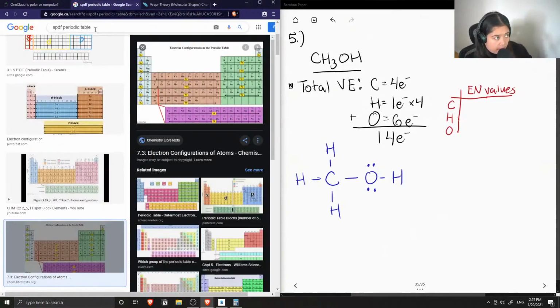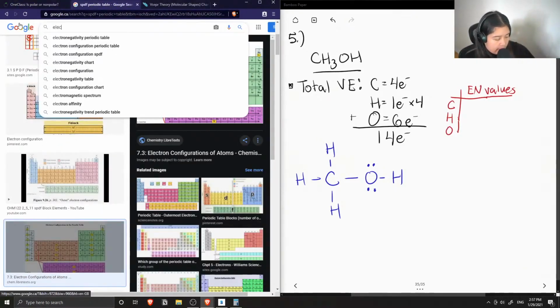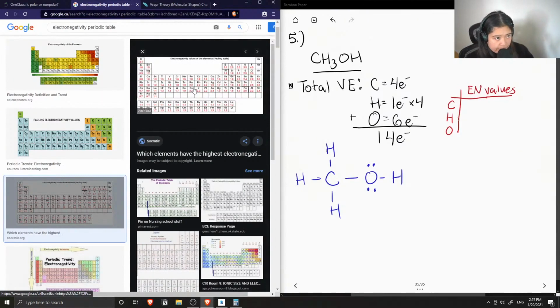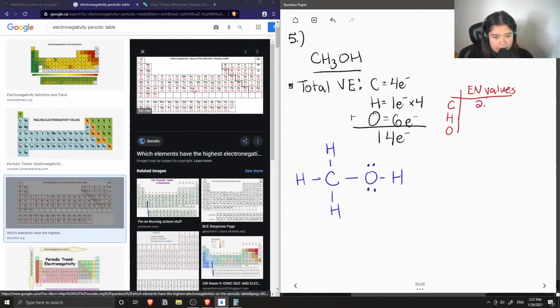So let's look at different electronegativity values for these atoms. Okay, so carbon has an electronegativity value of 2.5, hydrogen's is 2.1, and oxygen's is 3.5.